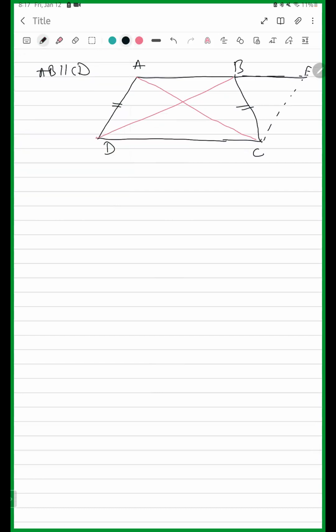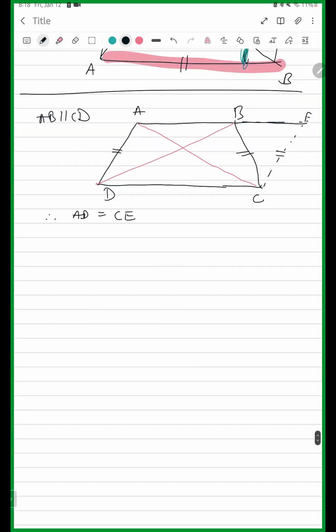Now we will see that since ADCE, this one is a parallelogram, therefore, since ADCE is a parallelogram, therefore AD is equal to CE. Opposite sides are equal.